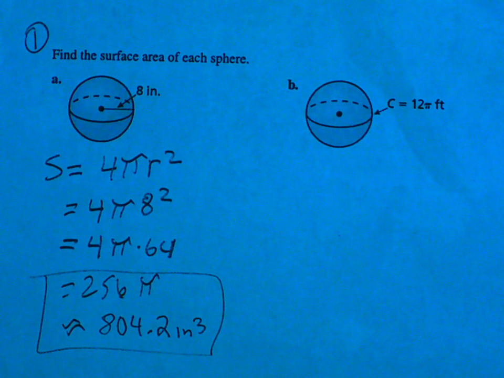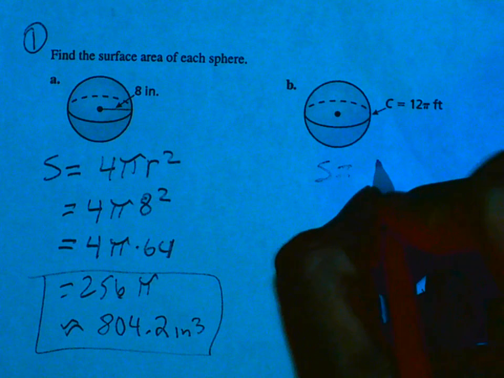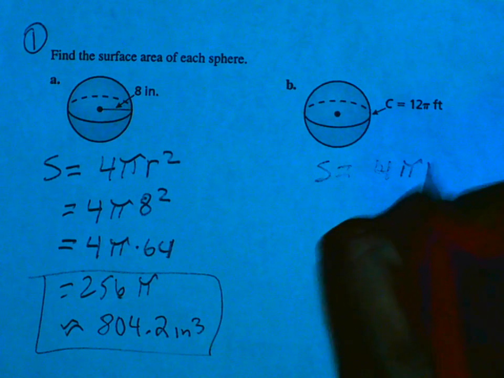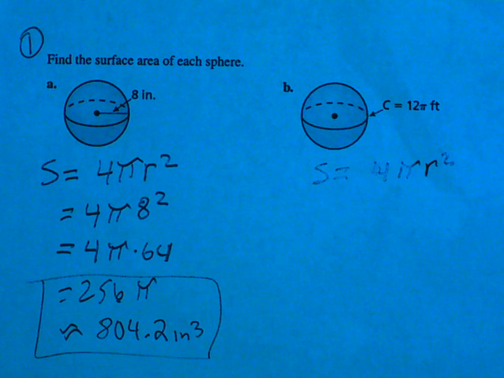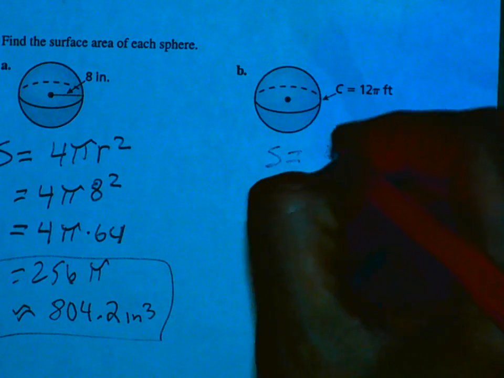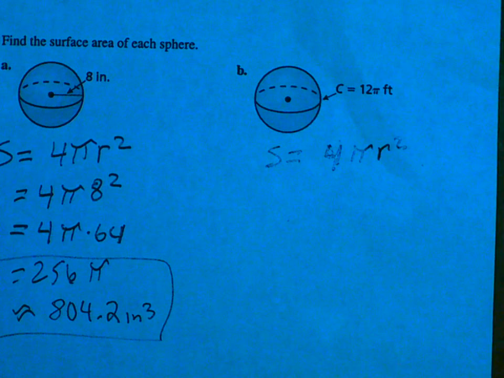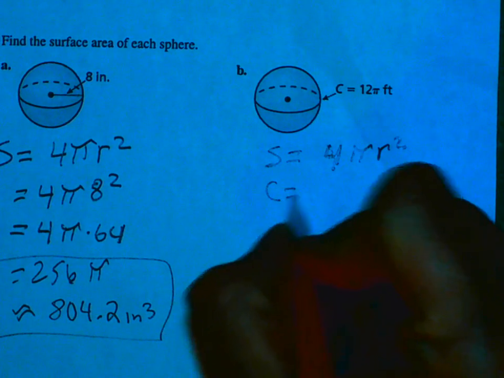Now, in part B, we're going to use the same equation. The only problem is we do not know what the radius is. However, we do know that the circumference is 12 pi.